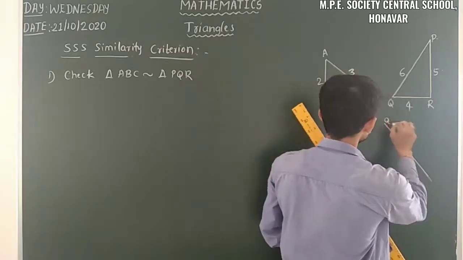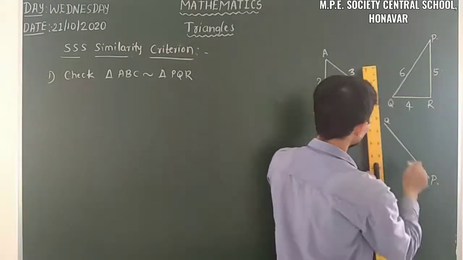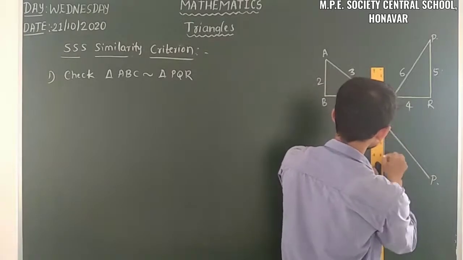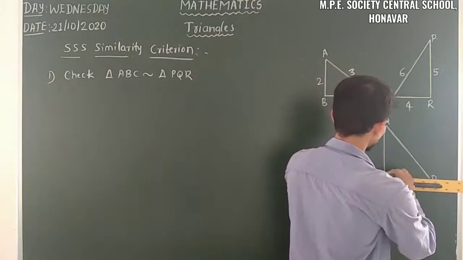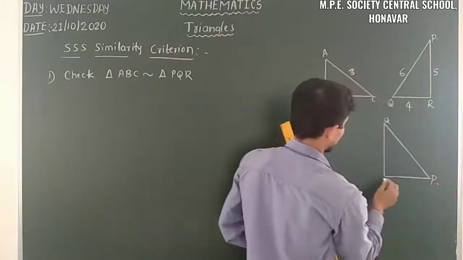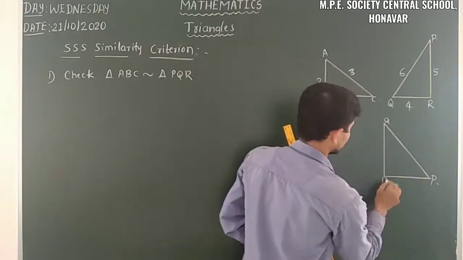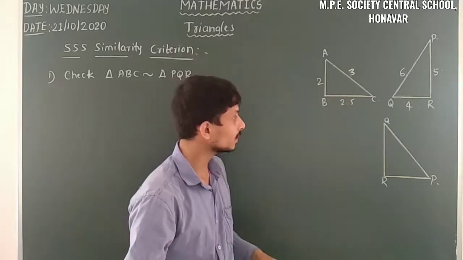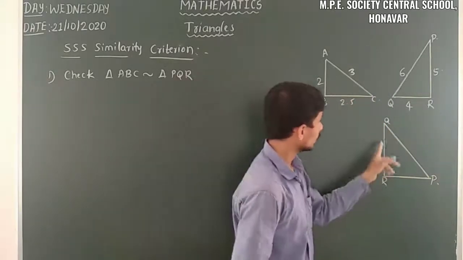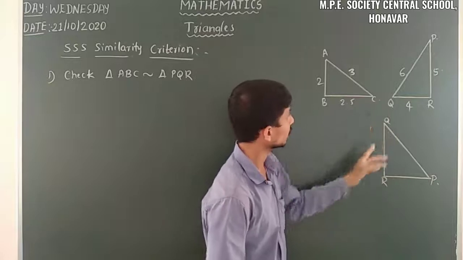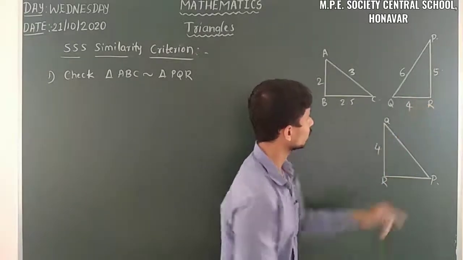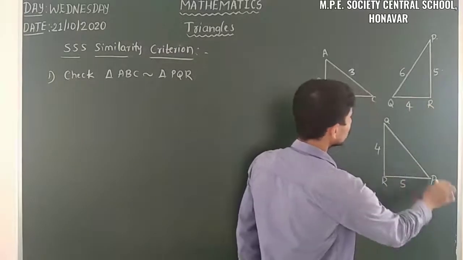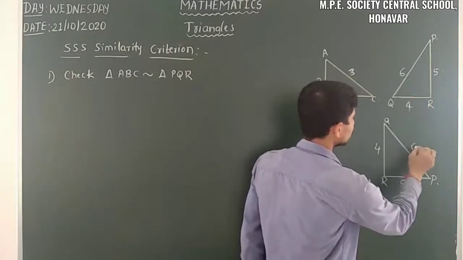Here it is QP, the right angle is formed here, and here I will take R. So the length of QR is 4, PR is 5, and QP is 6.